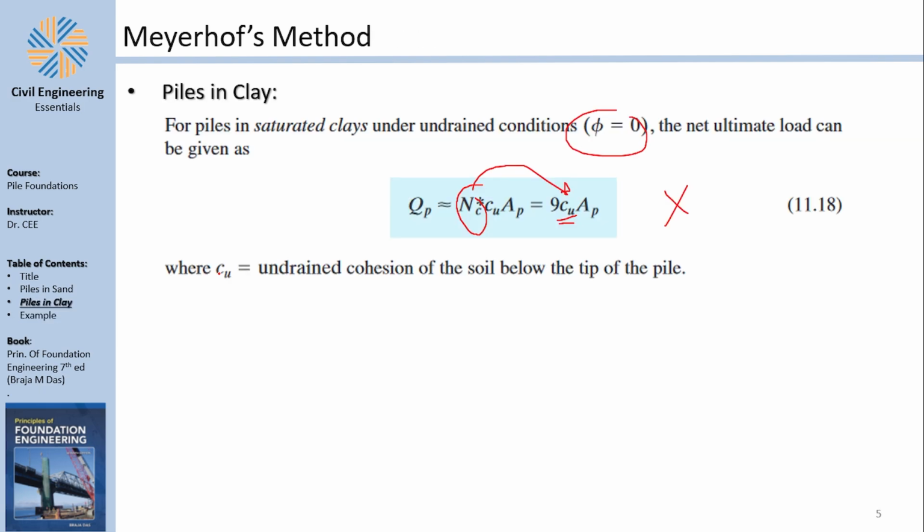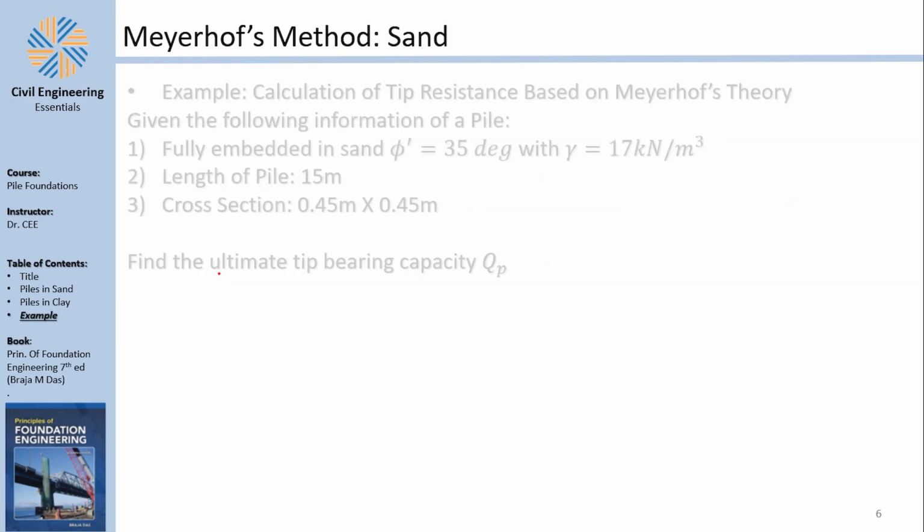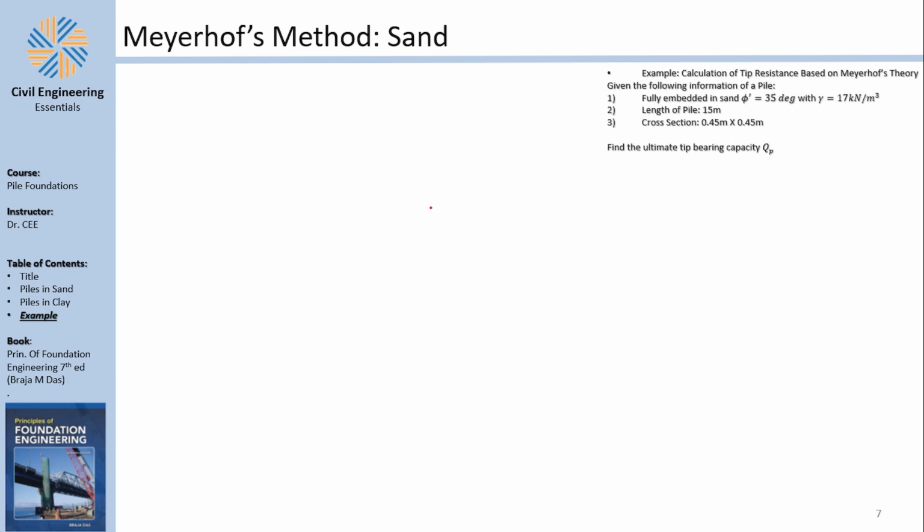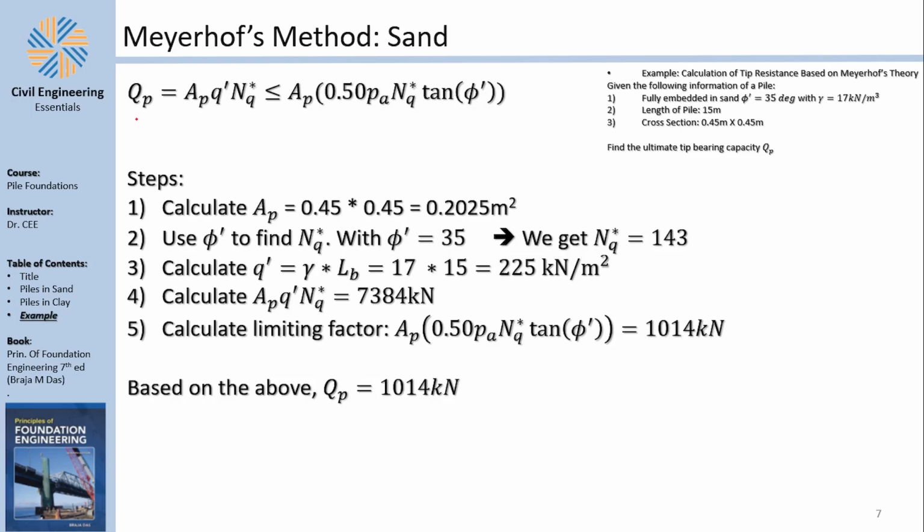Now, to finalize this tip resistance lecture is, of course, an example. The example here is basically to calculate the tip resistance based on Meyerhof's theory, and you are given the following information. Gamma is 17, phi is 35, length of pile is 50, and the cross section is so and so. Notice it is a pure sand, so you don't have C. In that case, you go to the step-by-step procedure.